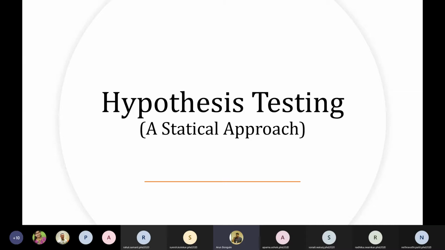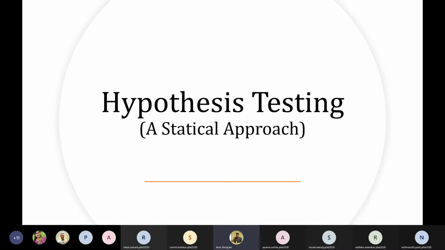One part of the process was hypothesis formation and validation. So our topic will mainly focus on this part, hypothesis testing, particularly statistical.